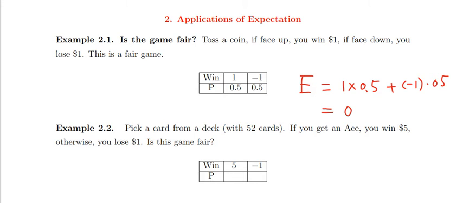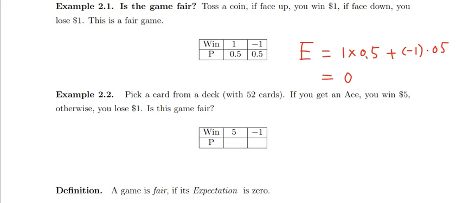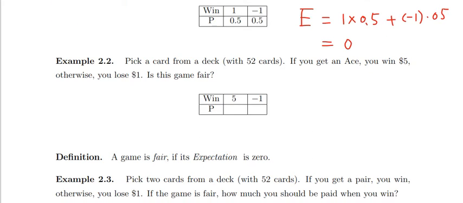So for a game, we can check whether it is fair or not fair. Suppose the game is: you pick one card, and if you pick an ace, you win $5. Otherwise, you lose $1. We want to find the probability you can win, or get an ace.